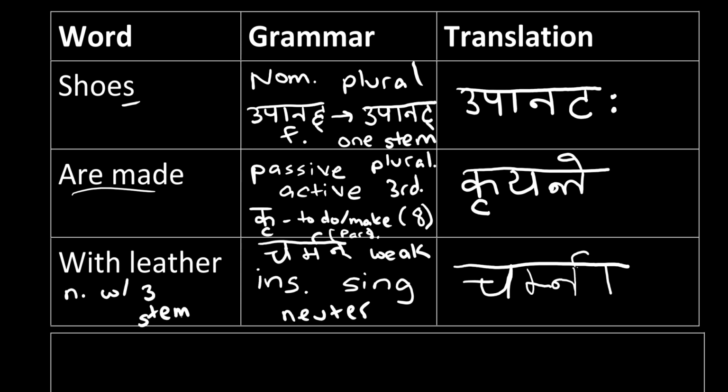Remember, when you're using a weak stem, especially for neuter, and because this is a noun ending in man, you have to make sure that stems ending in man preceded by a consonant always form their weak stem in n and not in na with a halant.